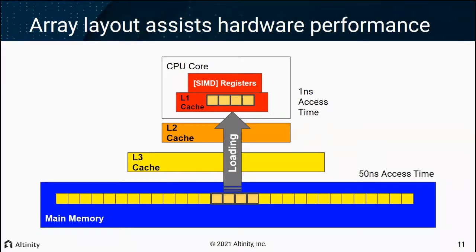So for example, for passengers in a taxicab, we'd have an array of unsigned 8-bit integers. Now, when data is actually loaded into the CPU, into a core specifically to get processed, it's going to get pulled in and stuck in a register. But in the meantime, it's also going to populate one or more caches.